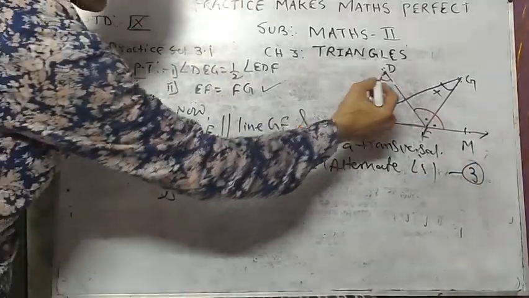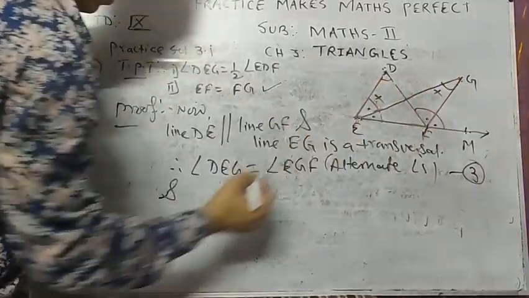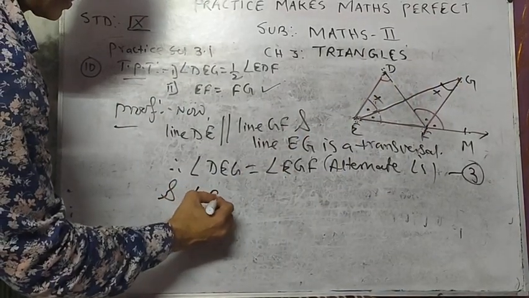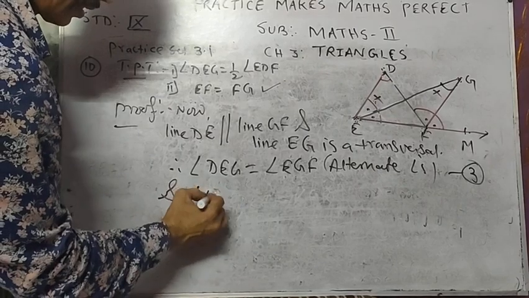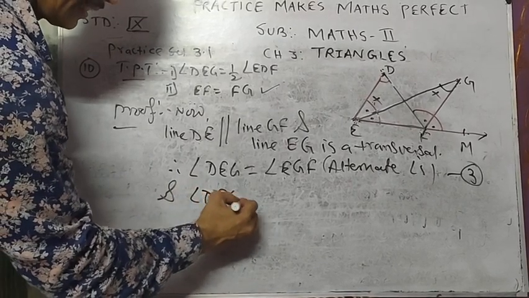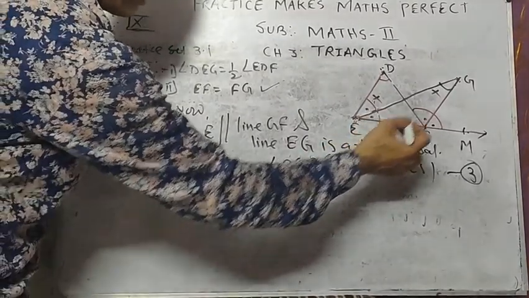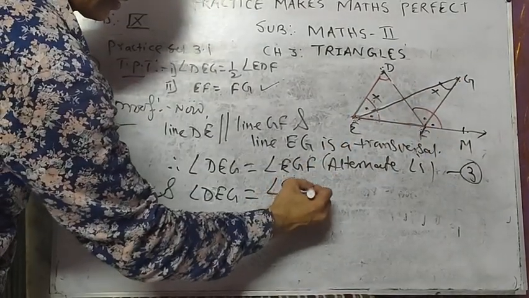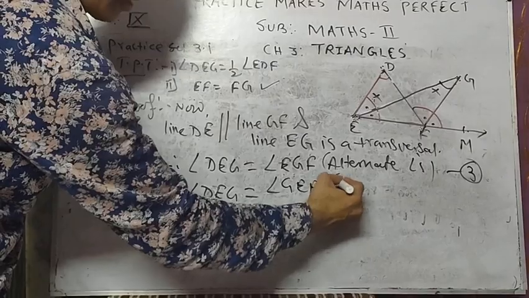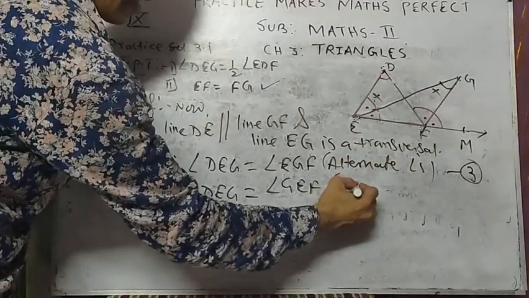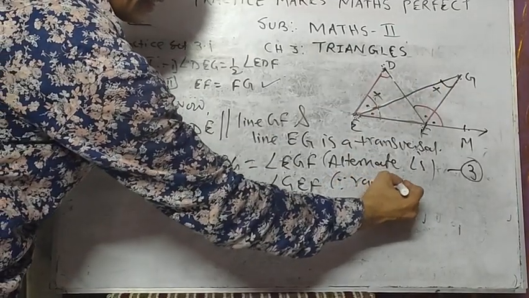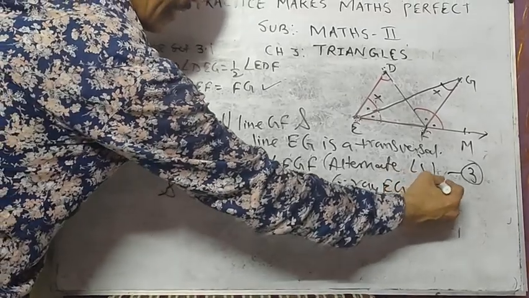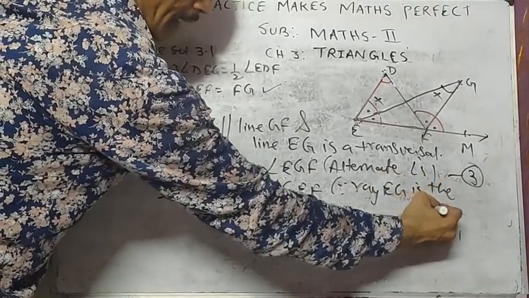And we know that angle DEG is equal to angle GEF, because ray EG is the bisector.